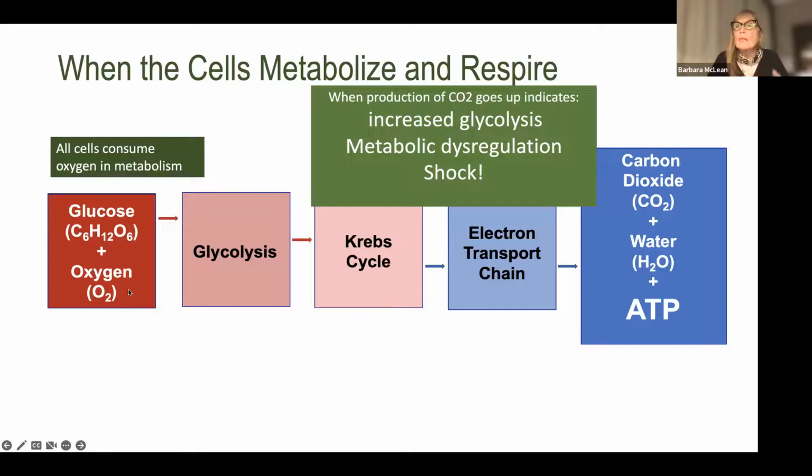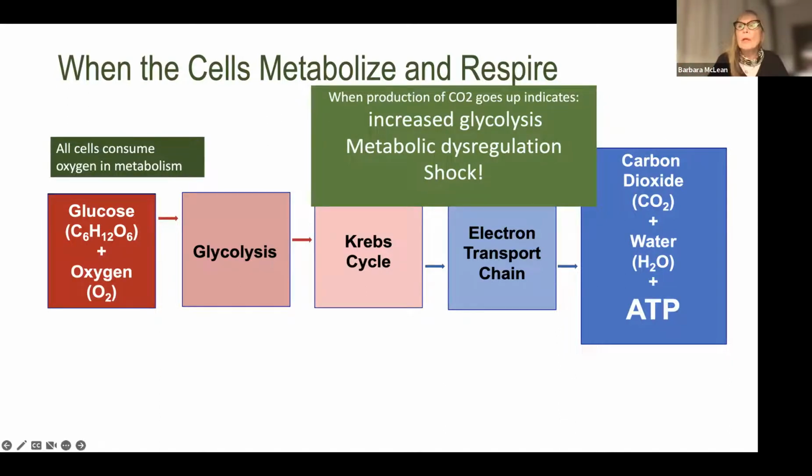So understanding that everyone is practicing glycolysis, and that we're using oxygen for metabolism, glycolysis, or breaking down the carbon chain, plus oxygen is going to yield 3 things: carbon dioxide, water, and energy, ATP. Okay, really straightforward. Again, no one's asking you to be a biochemist. I'm not a biochemist. I'm trying to make this as simple as possible. But just to remember, in cellular metabolism, you'll produce CO2, water, and ATP if you are metabolizing in the presence of oxygen.